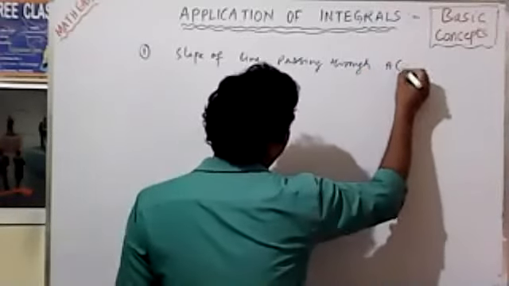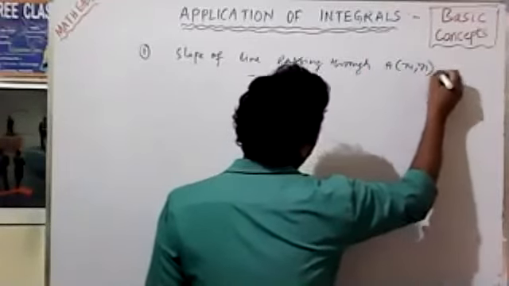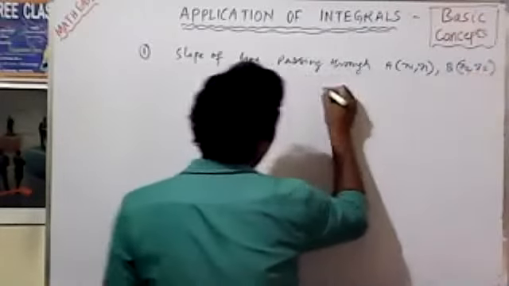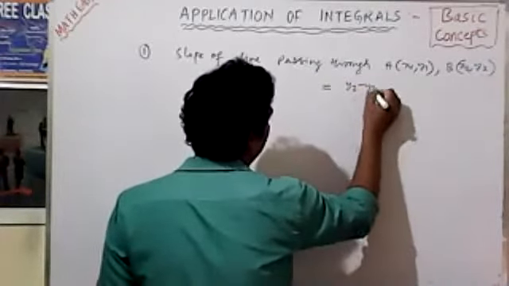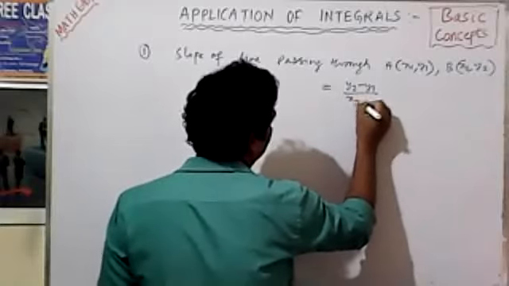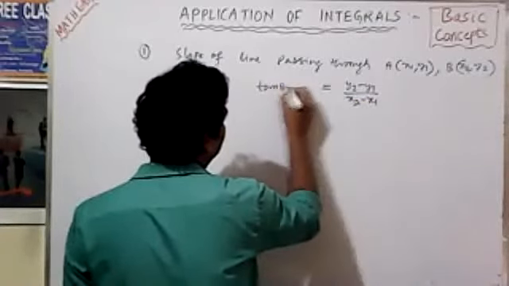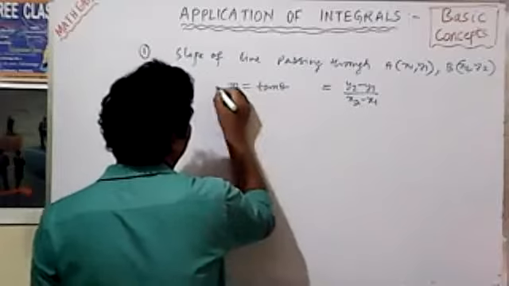This is A, that is (x1, y1). This is B, that is (x2, y2). The slope is equal to (y2 minus y1) by (x2 minus x1). That is also called tan theta. That is also called m.